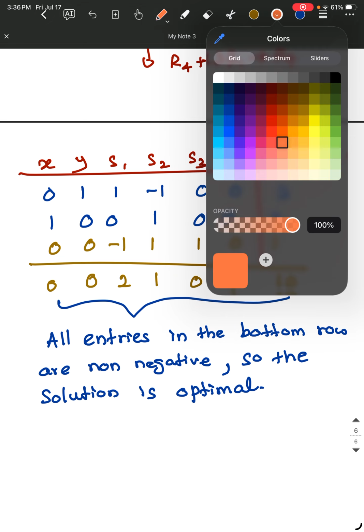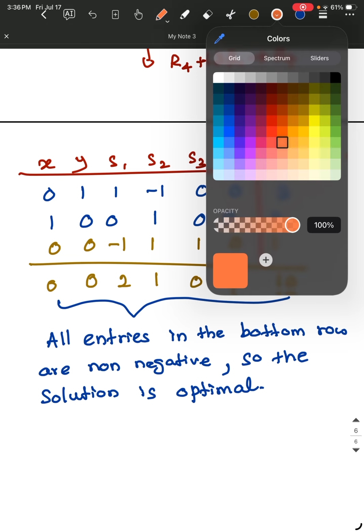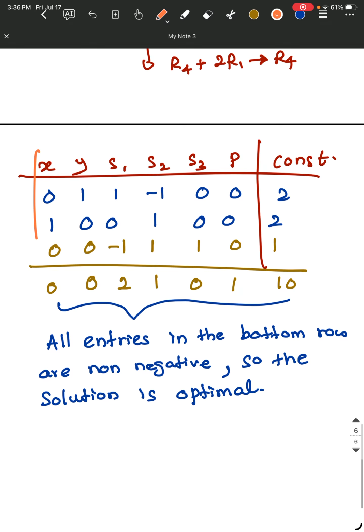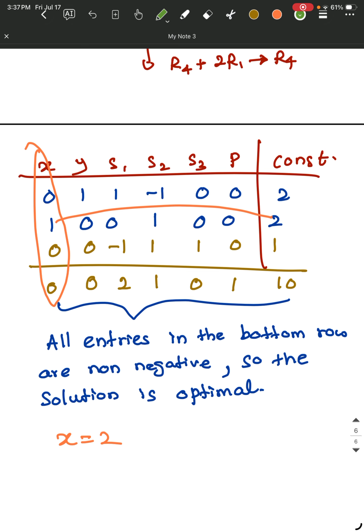We have the unit column here, x, that corresponding entry x equals 2, and what are the other unit columns? Here we have unit column y, the corresponding entry 2, then y equals 2.